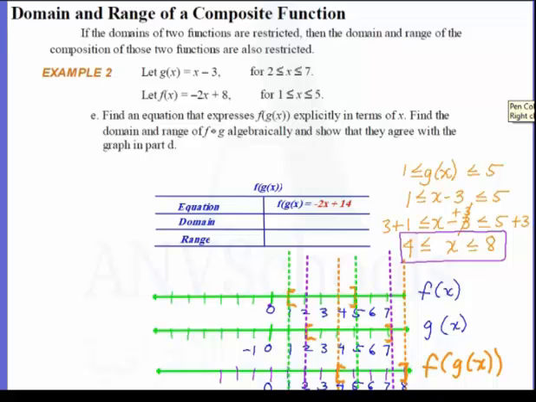So in this case, note that our intersection for g of x and f of g of x would be from 4 and 7. This is where they are common. So our new domain now would be from 4 to 7 indeed.